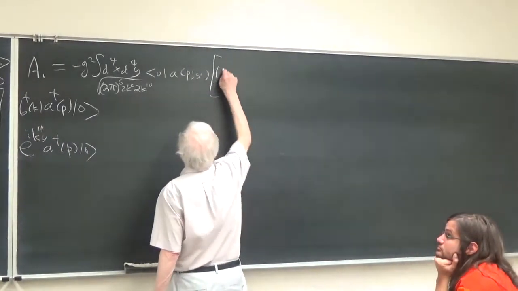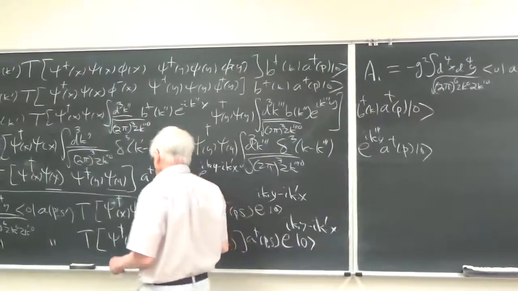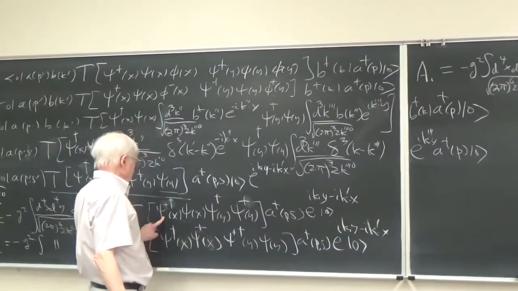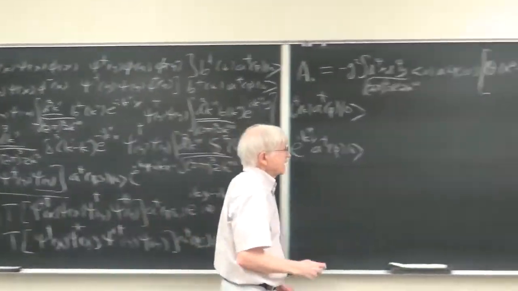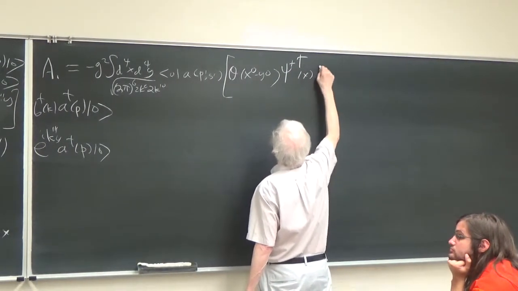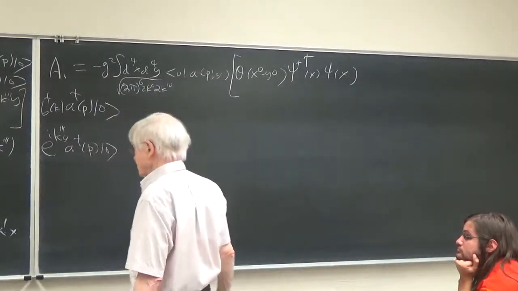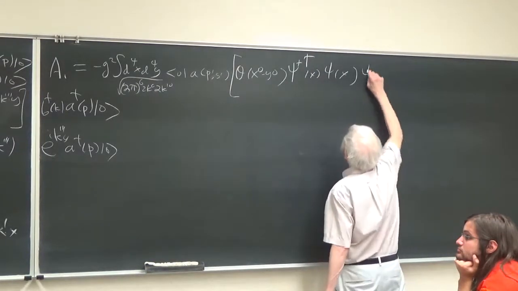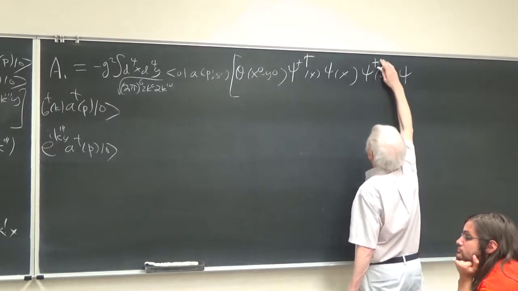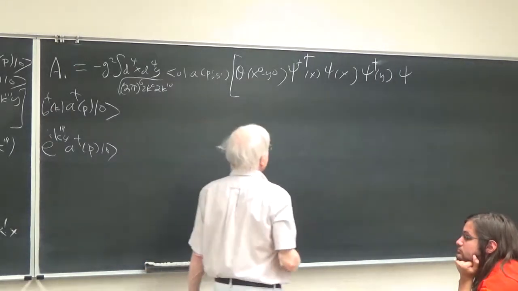This then is theta of x0 minus y0, and that would be psi plus dagger, and then the next term is psi dagger of y, well, let's make this dagger look like a dagger. And this is psi plus of y.